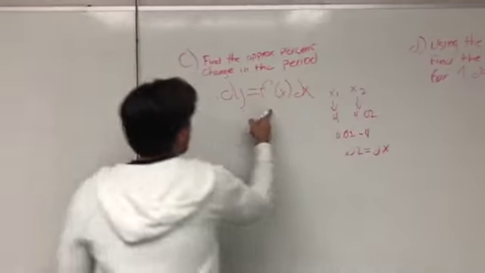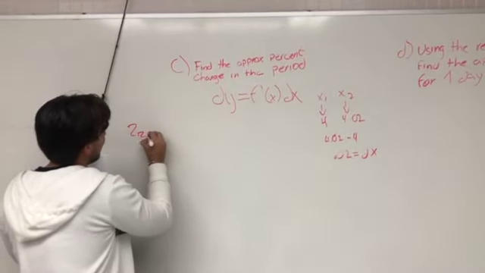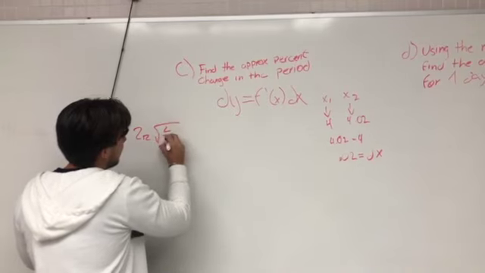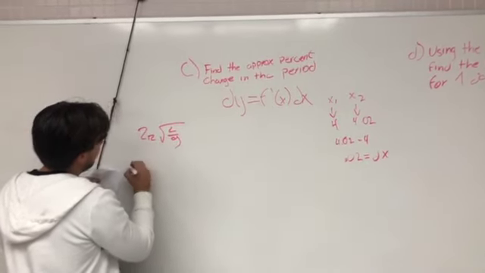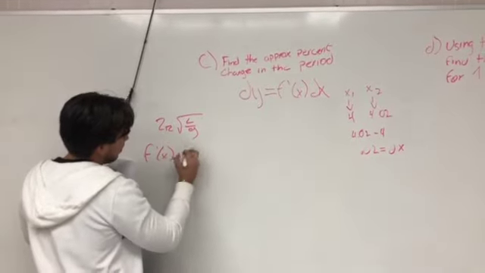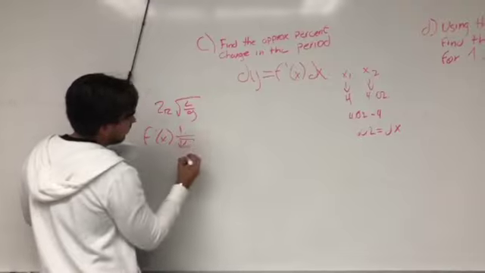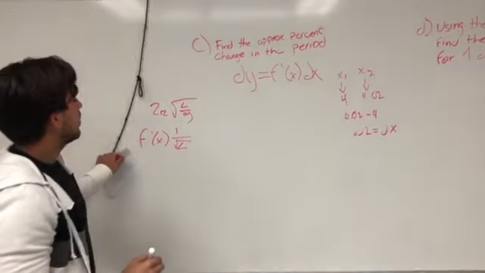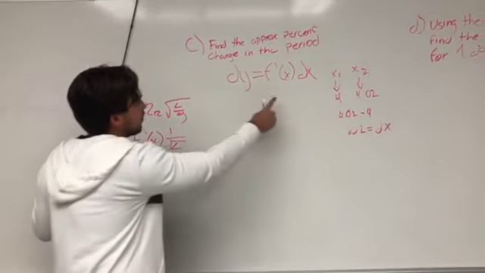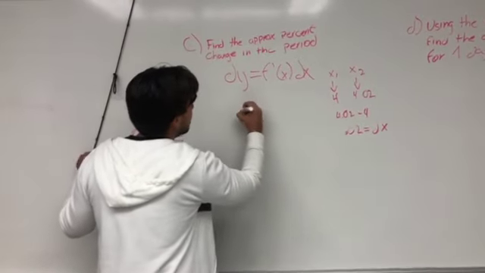Then we have to find the derivative of our function, which is 2 pi radical L over g. The derivative is 1 over square root of L. So then we have to put our f prime in here with our x1 because it's our original length.